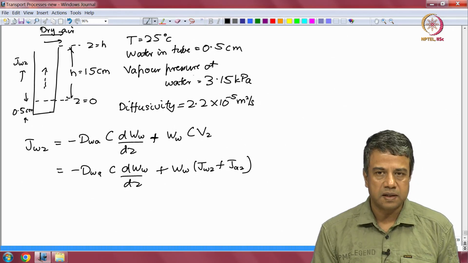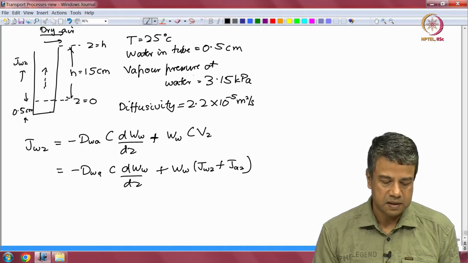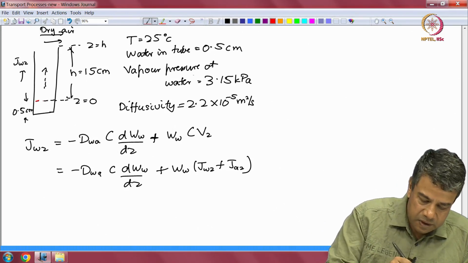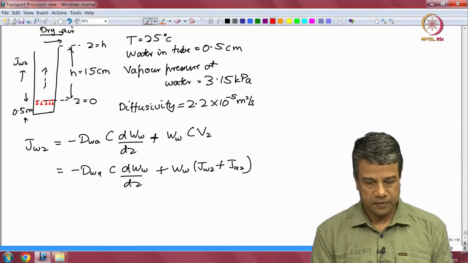One thing is to realize that as water evaporates, the level of liquid water goes down.